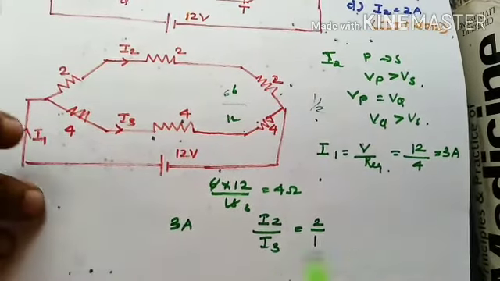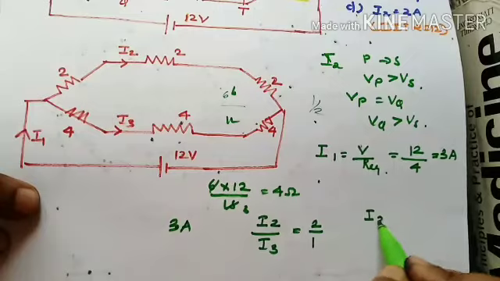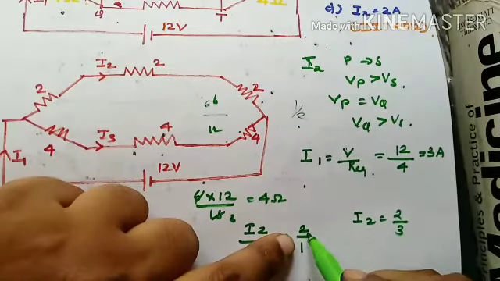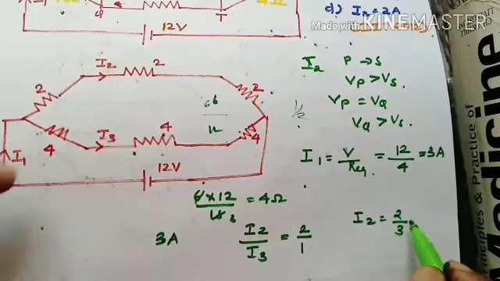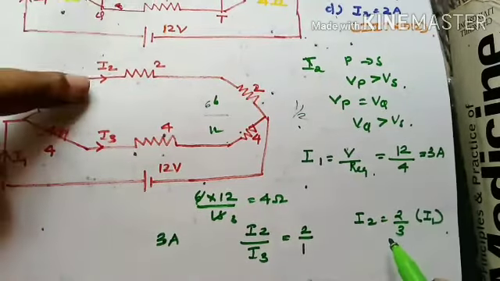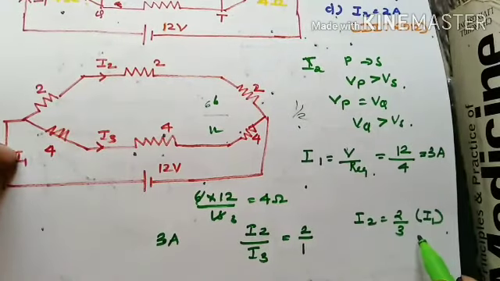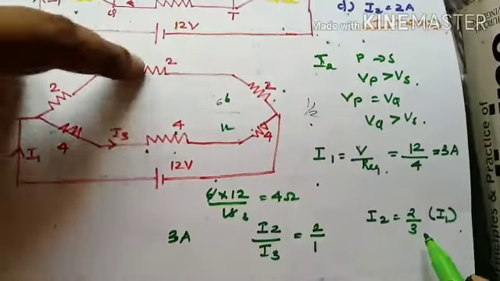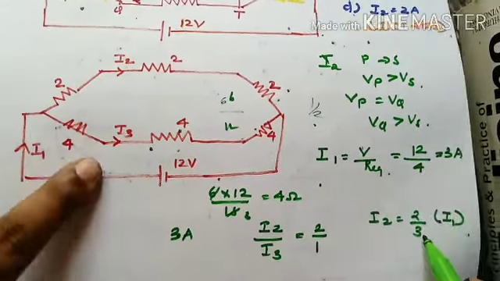That means I2 is 2/3 of the total, which is 3. Out of this, only 2 is reaching, so I2 current is 2/3 part of I1. Only 2/3 part of the total current reaches here, the rest 1/3 part reaches here.